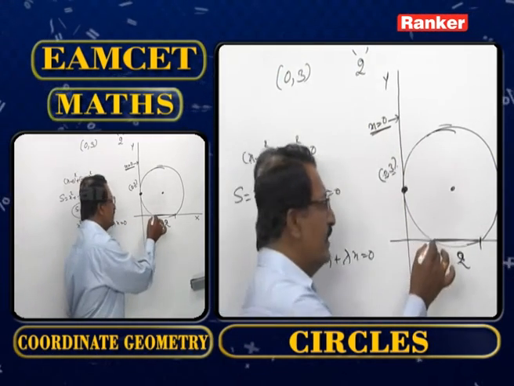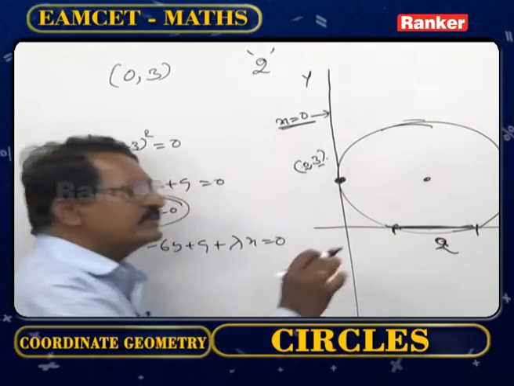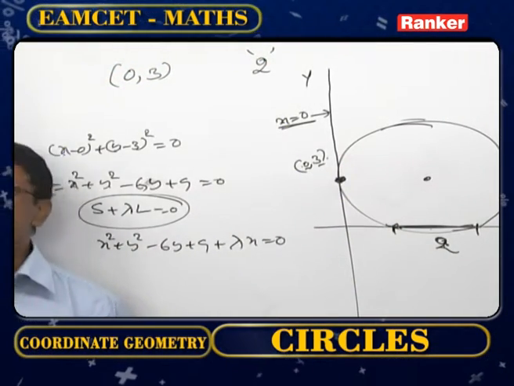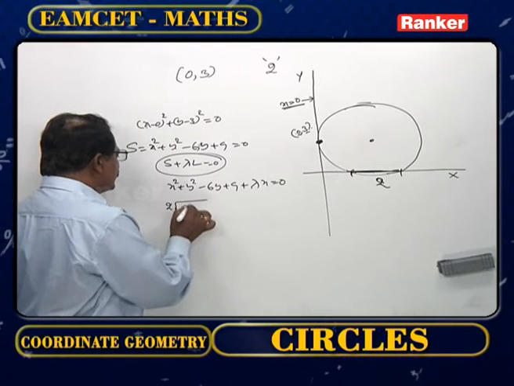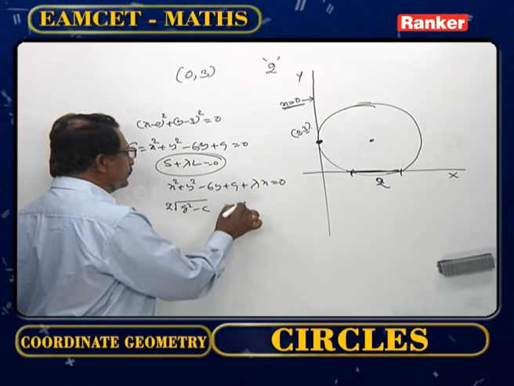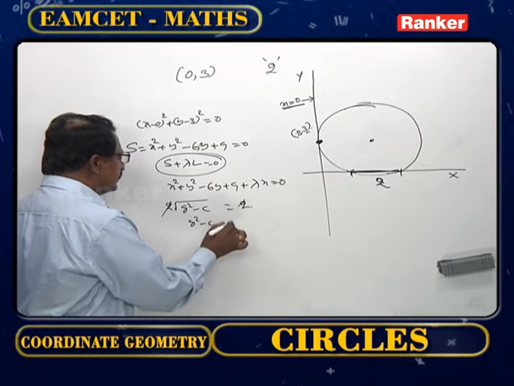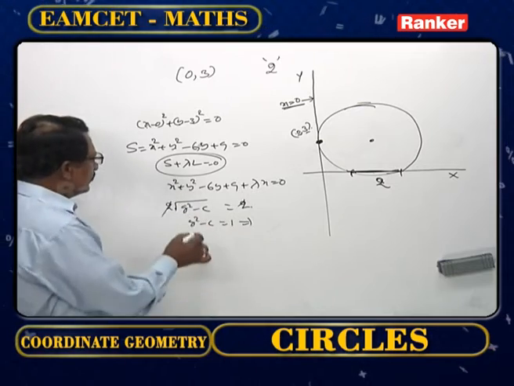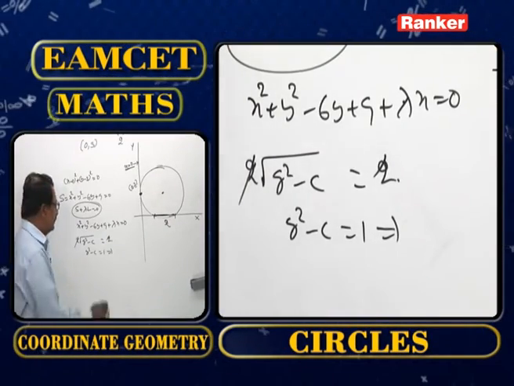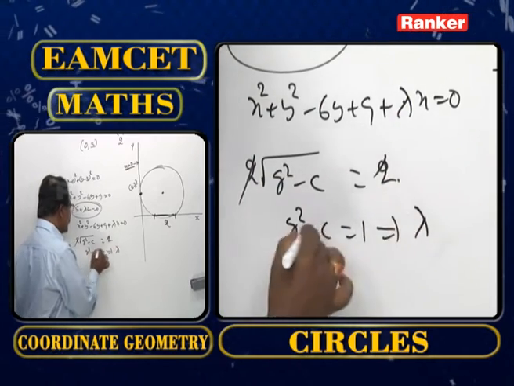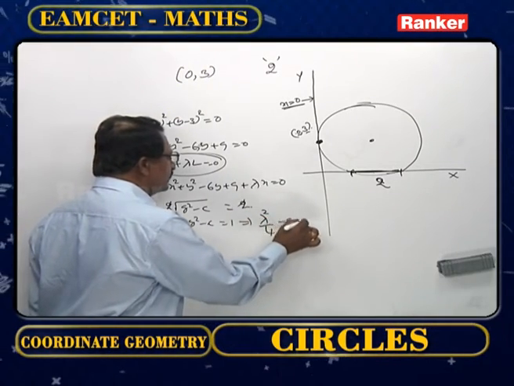Now the given length of the intercept made by the circle on the x axis is 2 units. The formula for the intercept on the x axis is 2 into square root of g square minus c, which equals 2 units. The 2 cancels, so g square minus c equals 1. Here g is half of the coefficient of x, so g square equals lambda square by 4, and c is 9, giving lambda square by 4 minus 9 equals 1.